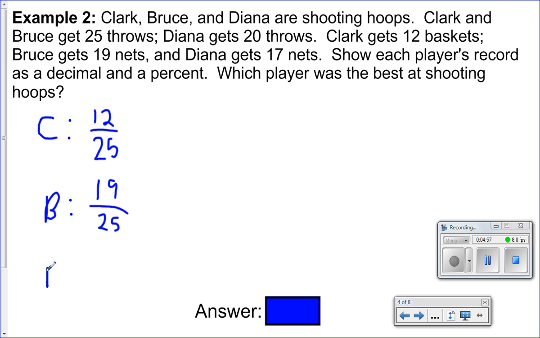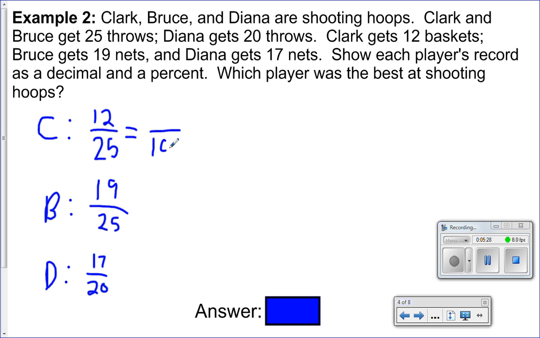Diana got 17 out of 20. So now for each of these, you notice all of these fractions can easily be turned into fractions of 100, which is really going to help us here when we want to make our decimals and our percents.